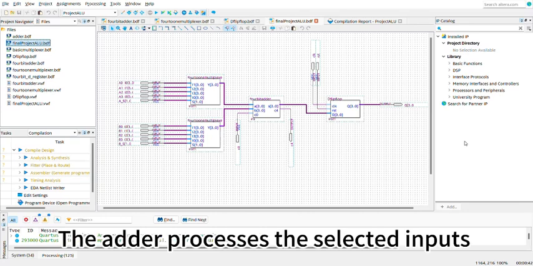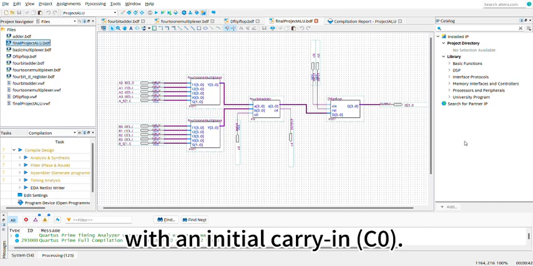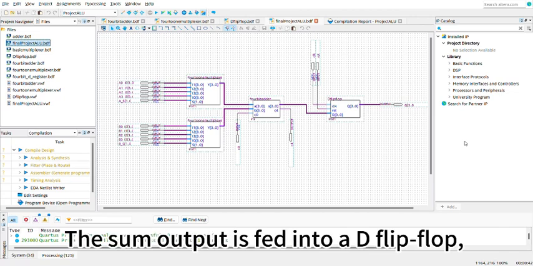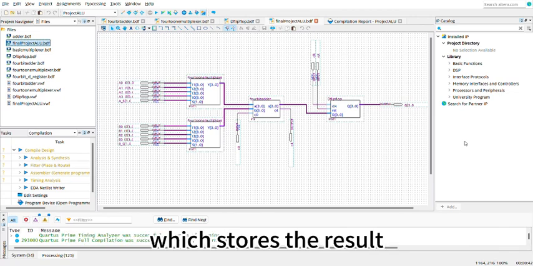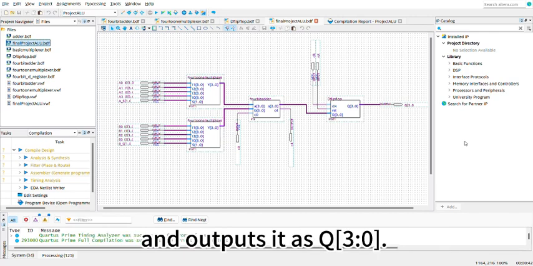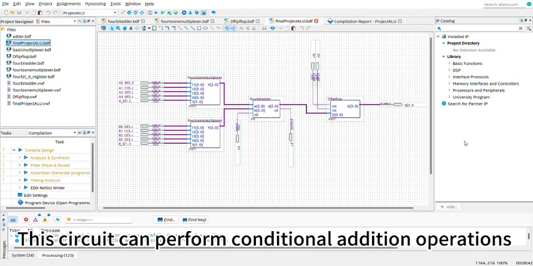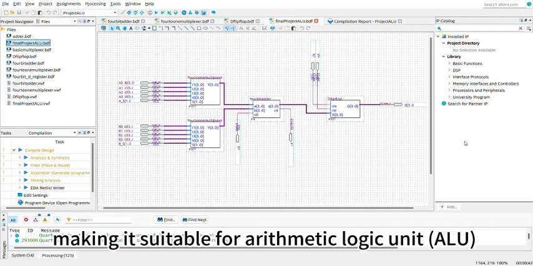The adder processes the selected inputs to produce a 4-bit sum S3 to 0 and carry out C4, with an initial carry in C0. The sum output is fed into a D flip-flop, which stores the result on the rising edge of the clock and outputs it as Q3 to 0. A reset signal clears the flip-flop when activated. Thus, this circuit can perform conditional addition operations and store the results, making it suitable for arithmetic logic unit (ALU) or data processing applications.